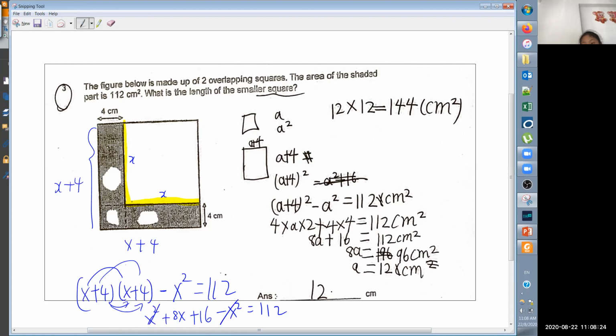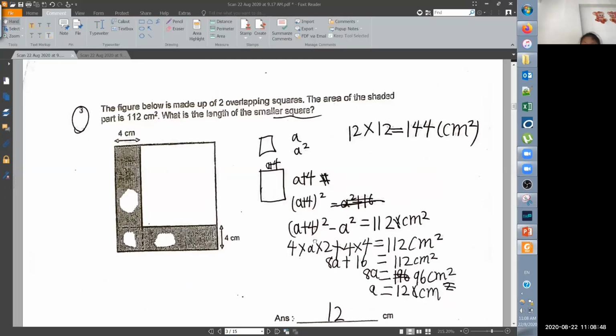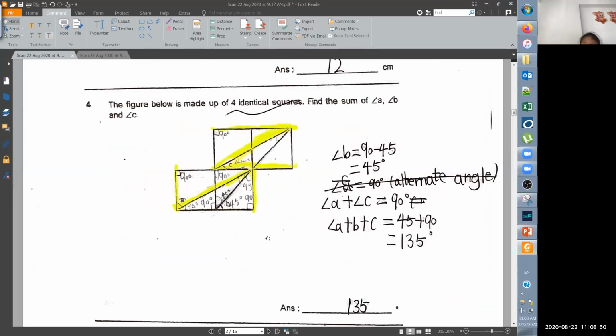You are left with 8x equals 112 minus 16, which is 96. Therefore x is 12. What's the length of the smaller square? It's 12, yes. You are correct. Next. This is good.